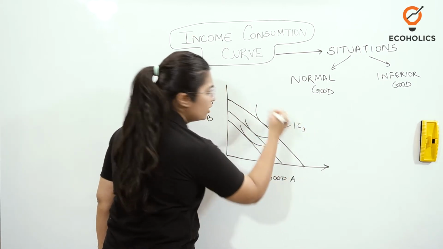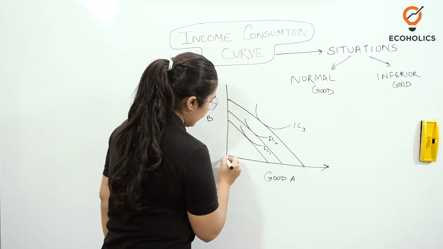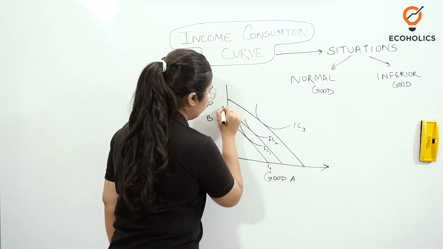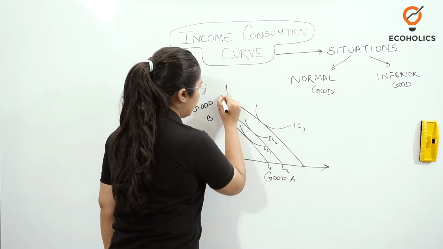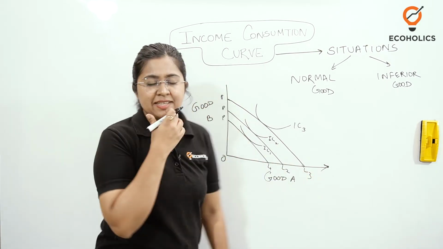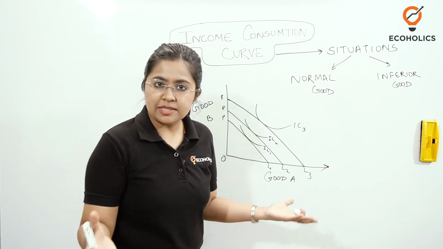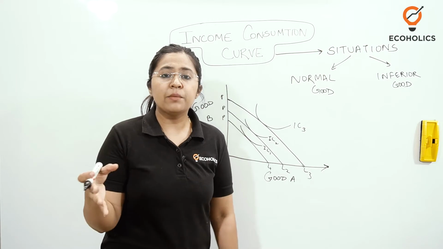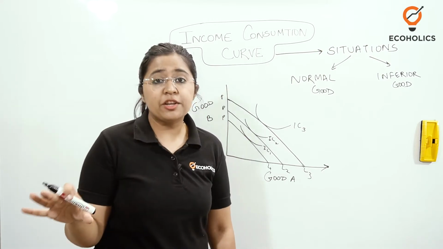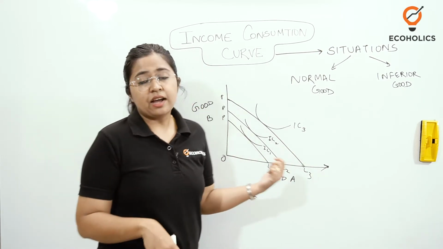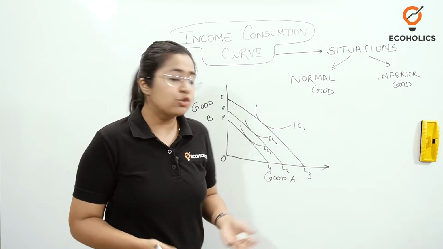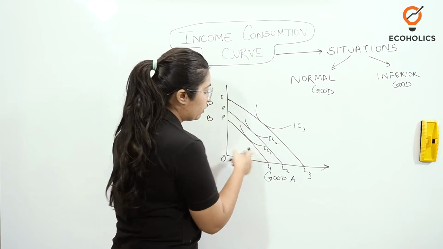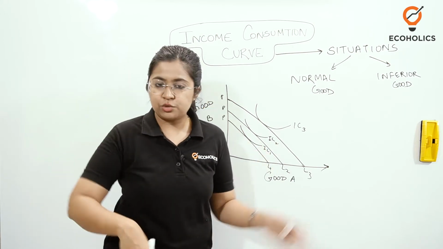Okay, IC3 and so on and so forth. Okay, and this is your 0 and this is your PL1, PL2, PL3. So these lines show the budget line or the price line, and the indifference curves show the various combinations of two goods that are consumed by a certain consumer, and they are the equilibrium positions. So this is a consumer's equilibrium where the indifference curve is tangential to the price line.